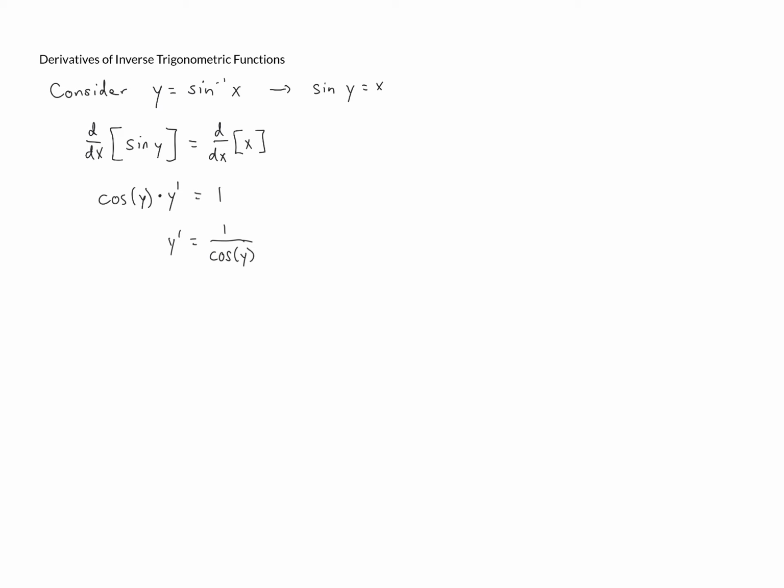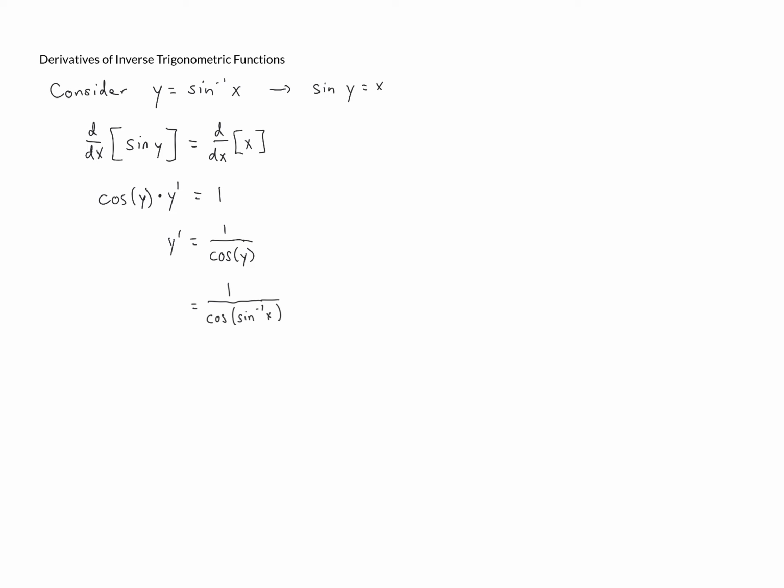Things are looking good so far, but we really want to have this in terms of x, if at all possible, right? We don't want the derivative in terms of y if we can actually write it in terms of x. Now, we've got a y here, but remember, y is equal to inverse sine of x. So we can replace y with inverse sine of x, and that gives us 1 over cosine of inverse sine of x.